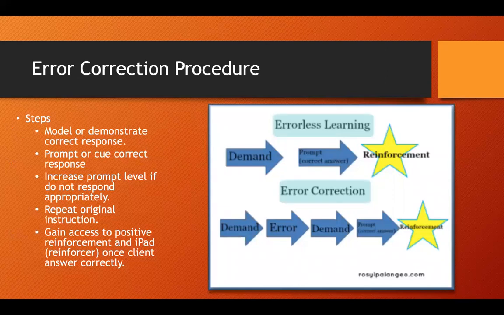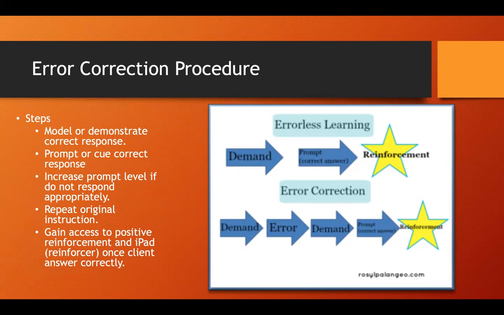The first thing to remember is that we would model or demonstrate the correct response to the situation we are doing, and we would increase the prompt or cue to encourage the correct response. We would continuously increase the prompting level until our specific client uses the correct response.